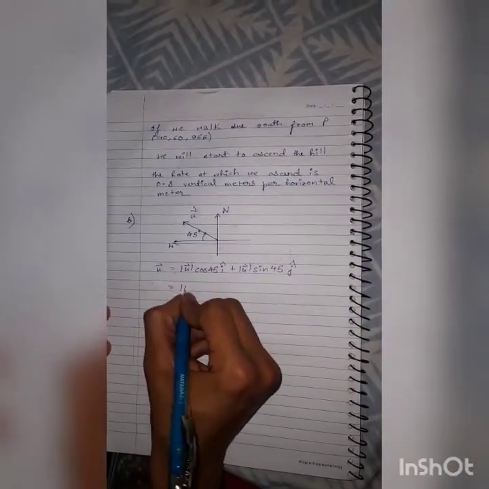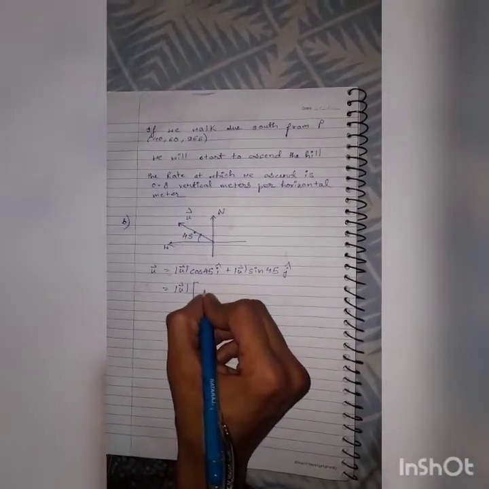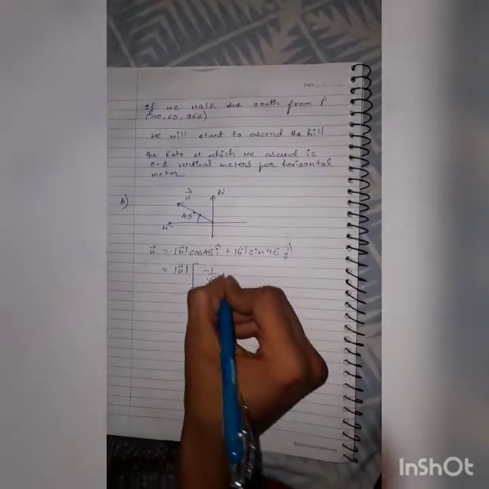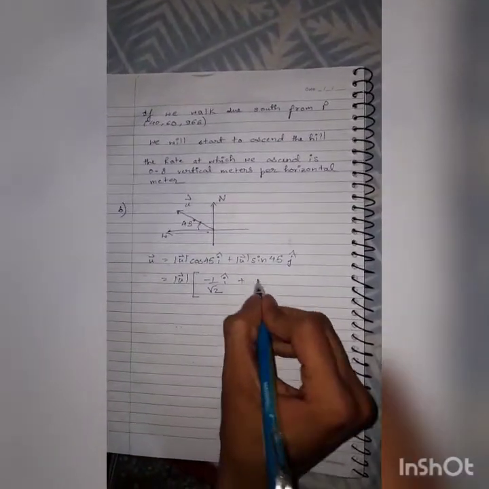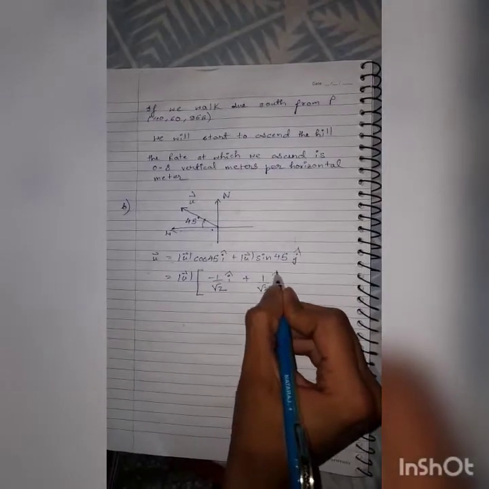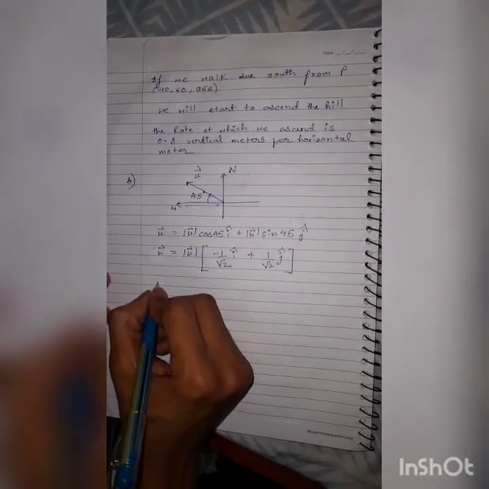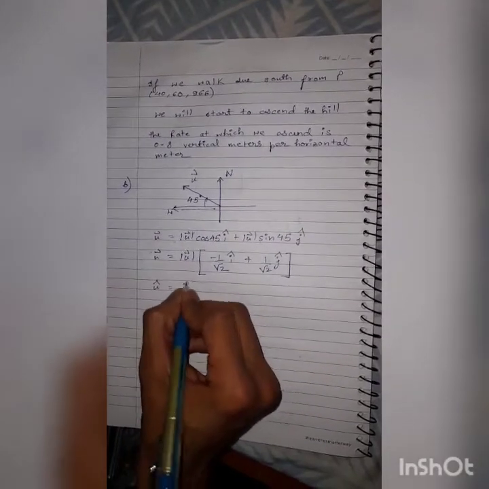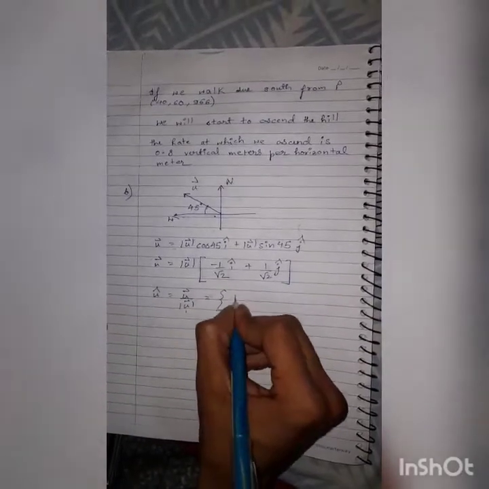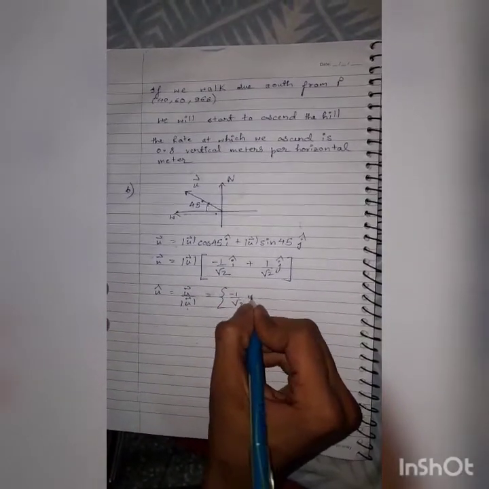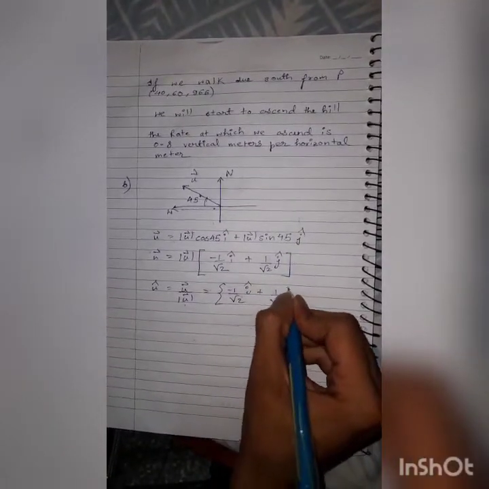We know cos 45 is 1 by square root 2, and along i cap it is negative because we are going in the negative x direction, plus 1 by square root 2 j cap. This is the u vector. Now u cap is equal to u vector divided by |u|, which turns out to be -1 by root 2 i cap plus 1 by root 2 j cap.